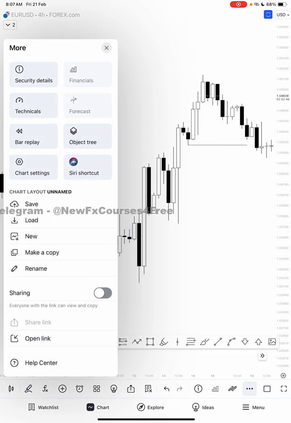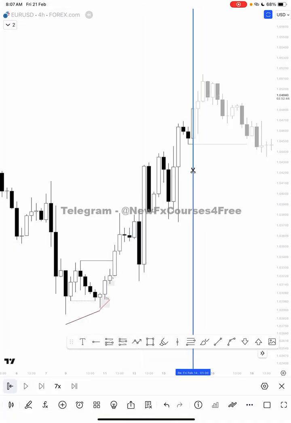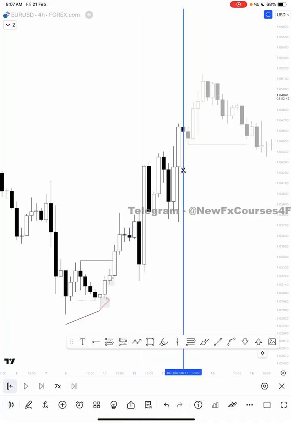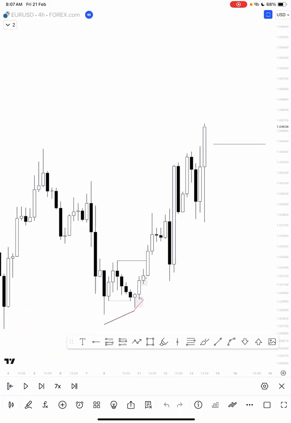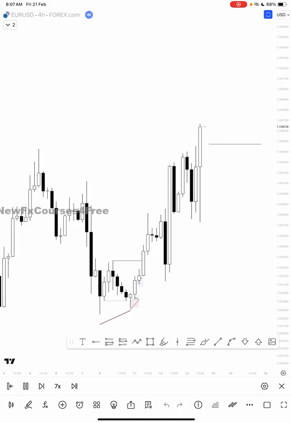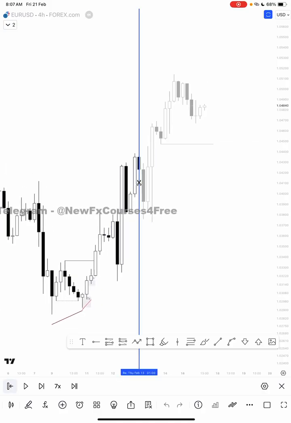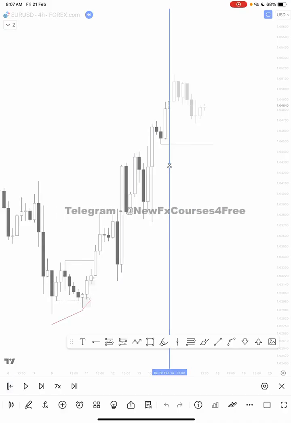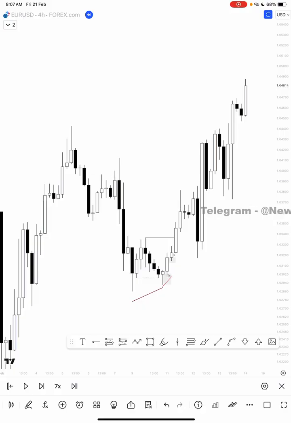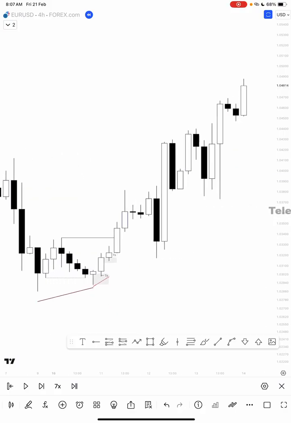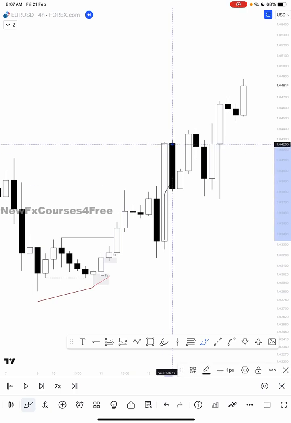So let me just give you just this example. Okay, let me say here. So here you can see the market actually expanded.